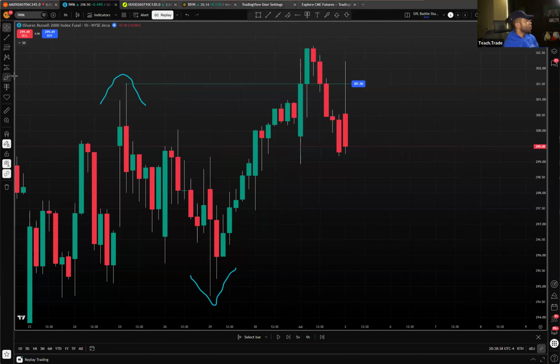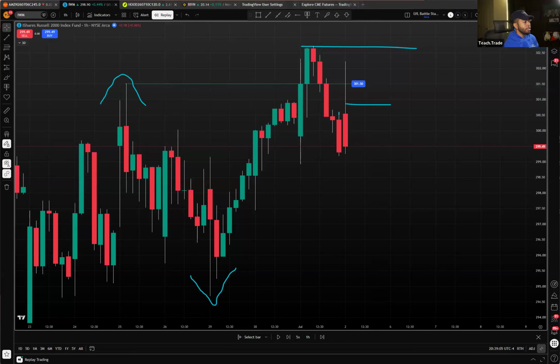So if I recognize this and price trades back above and towards these levels, then that's where I'm wrong, right? If I go short on a trade, I'm expecting reversal back down. If we go through here, that's going to be my validation point. That's where I exit my trade.